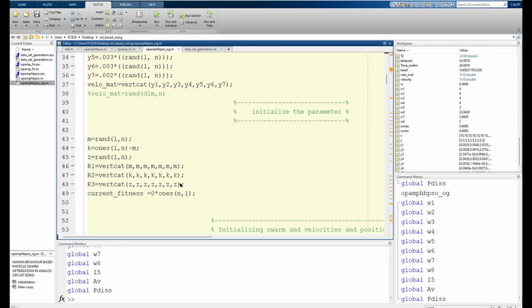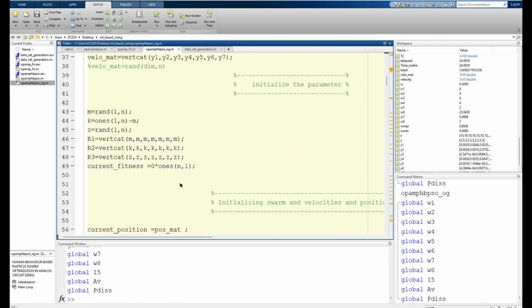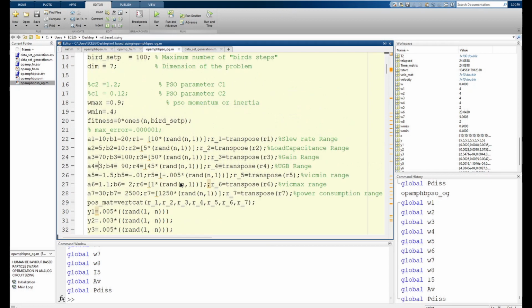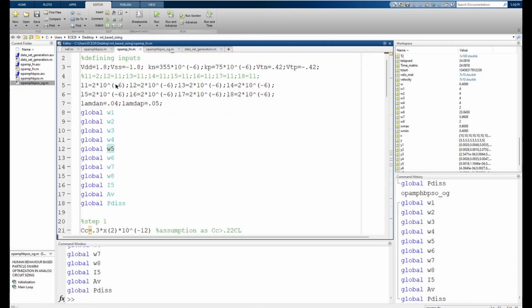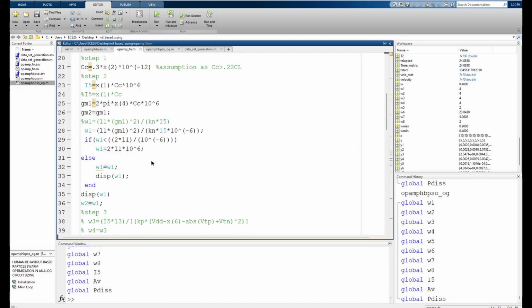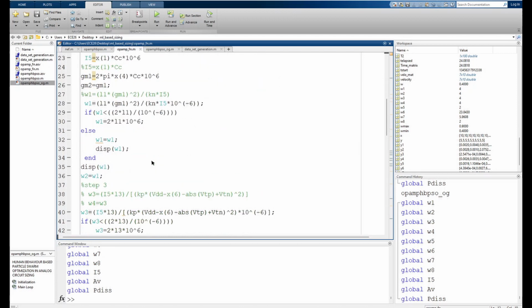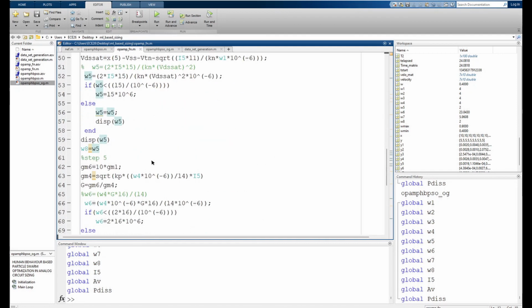Based on all this, the position matrices and other things will be formed, and correspondingly we require one objective function. The objective function will be called, and it will calculate the design equations based on the input and give the area information.